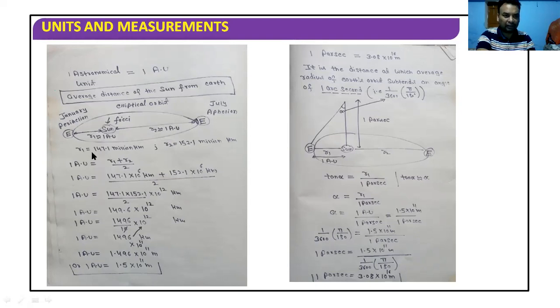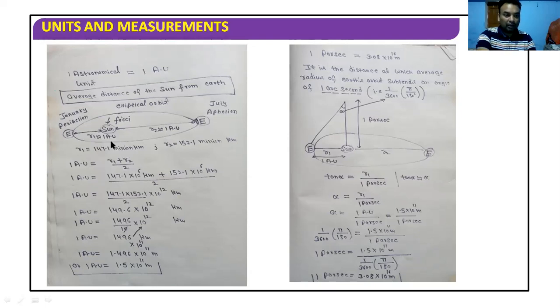R1 is equal to 147.1 million kilometer. This is the exact and precise value of R1. Likewise, R2 is equal to 152.1 million kilometer. Million means 10 raised to the power 6.